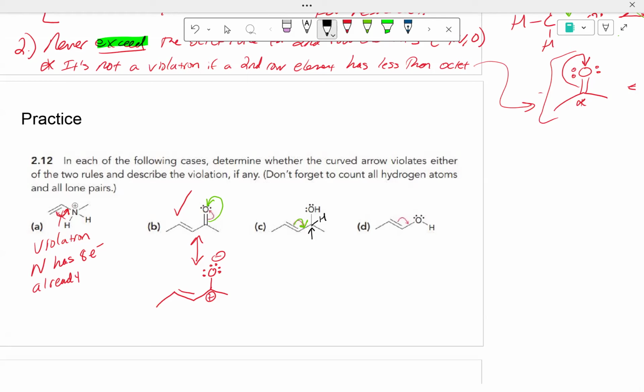So way too many electrons around that carbon. This would be a violation. The carbon, and I'm talking about the carbon with the OH, already has 8 electrons. I'd be violating the octet rule by moving those electrons there.